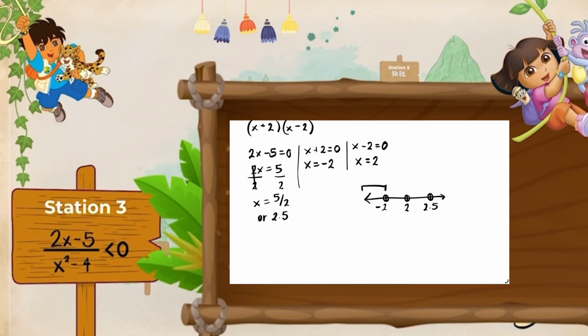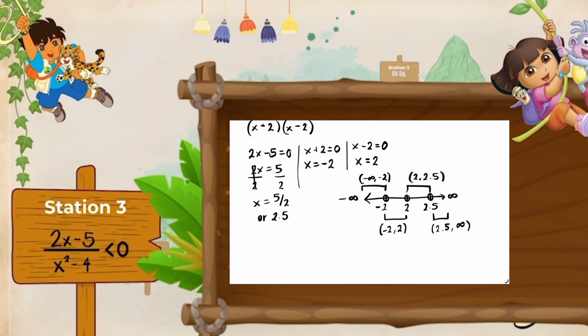Now let's get the ordered pairs: negative infinity to positive infinity. The first is negative infinity and -2. Next, -2 and 2. Then 2 and 2.5. Then 2.5 and positive infinity.